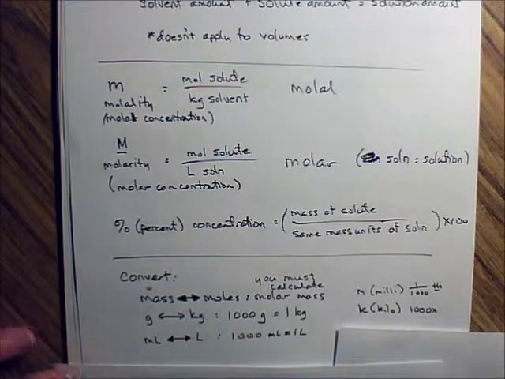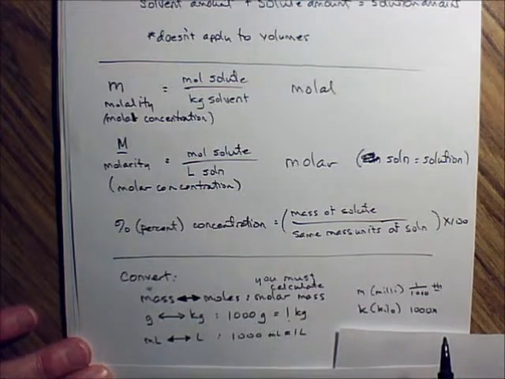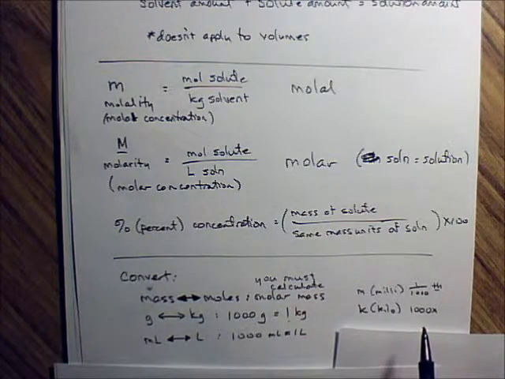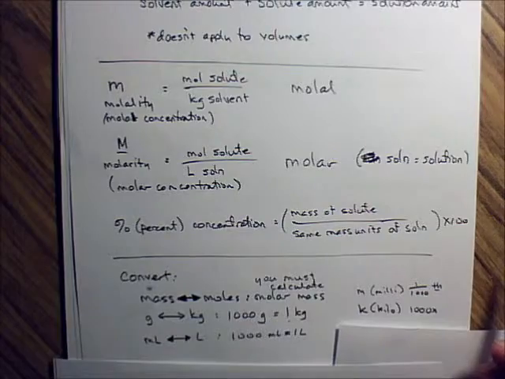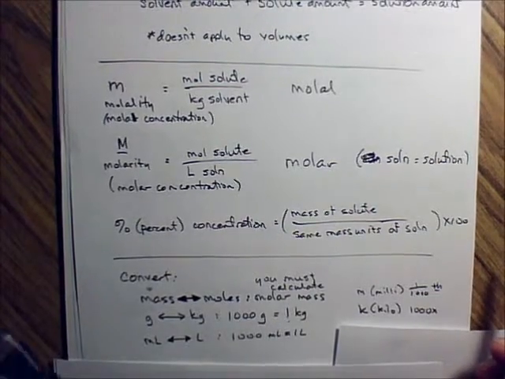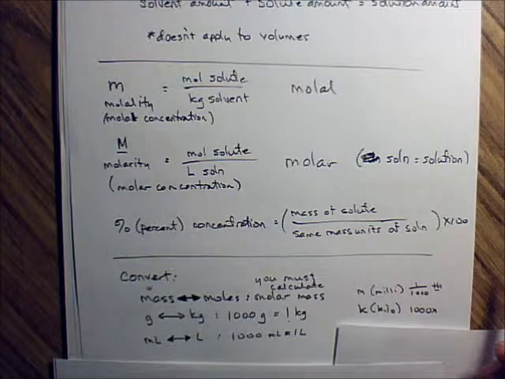And a kilogram is 1,000 times a gram, 1,000 times the base unit.